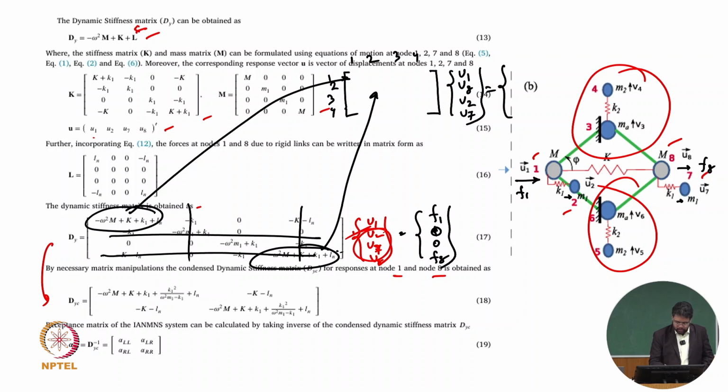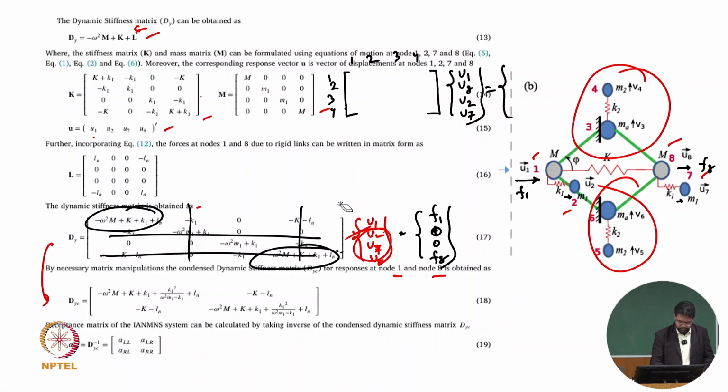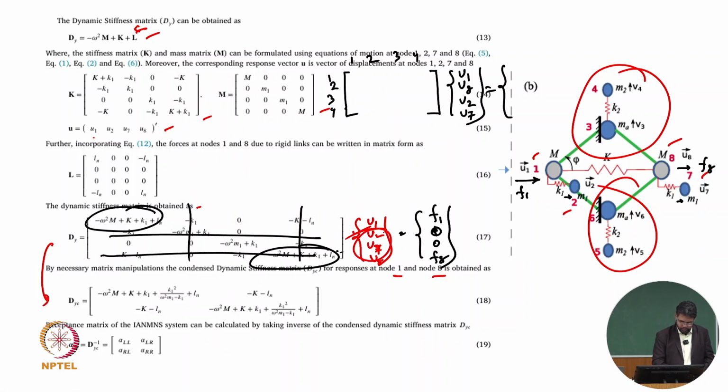So once we get this, you can see that this is my S11, this is S12, S13, S21, S22. The matrix is coming this way, with force 1, force 8, 0, 0. So how can we do the condensation?